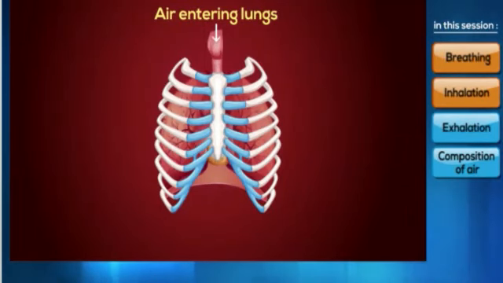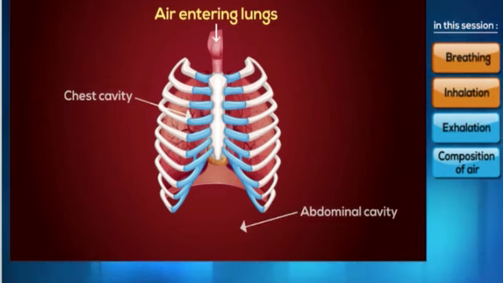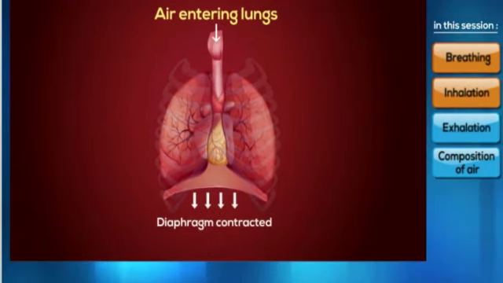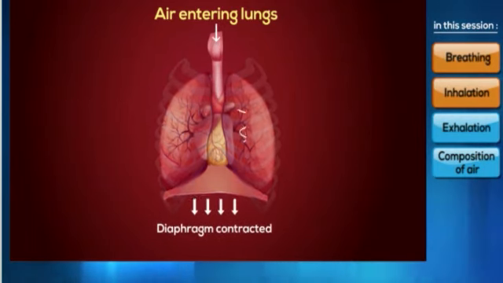Now, let's check how this inhalation and exhalation takes place in our body, and which are the movements or organs involved. First, when we take in air, our body has a thin muscle sheet below our lungs.